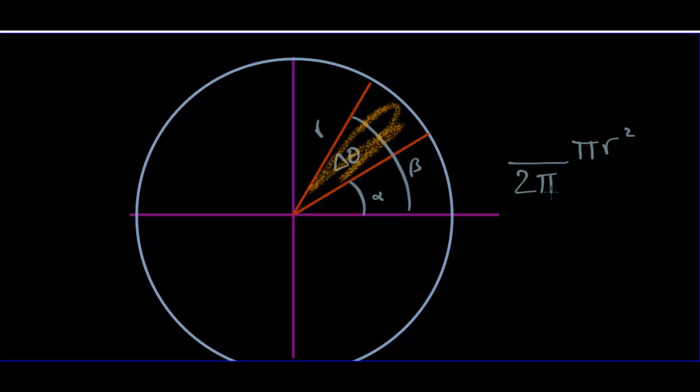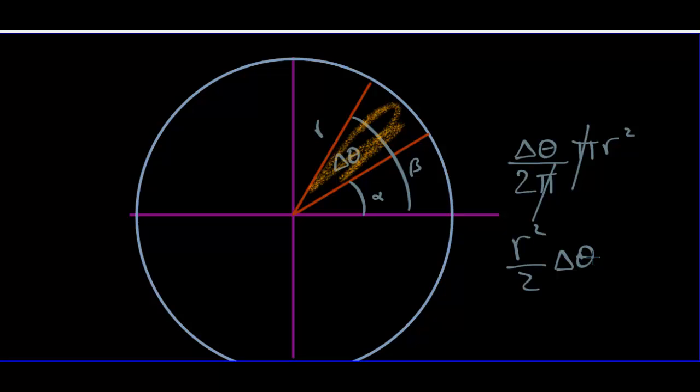So if the whole circle has 2 pi radians, and I look at the number of radians that I have, that's the fraction of the circle that's of interest. So notice these pi's cancel, and what we have is r squared over 2 delta theta. This will give us the area of that circular sector.